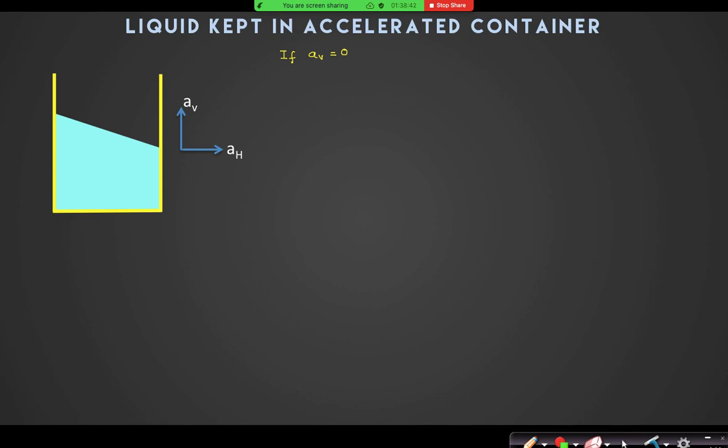So if you take a similar cuboid that we have taken in the last calculation, but here, with respect to container, everything I am drawing, right?